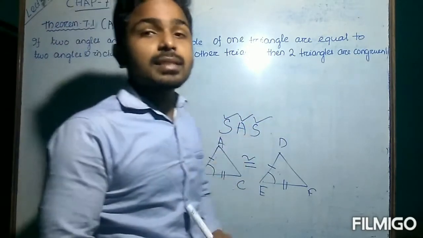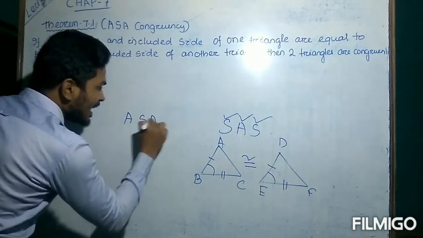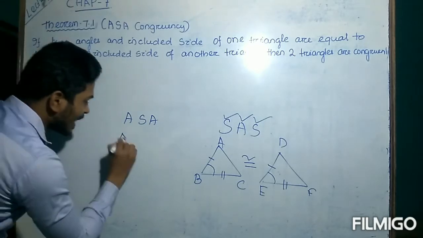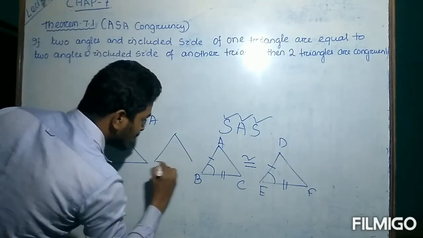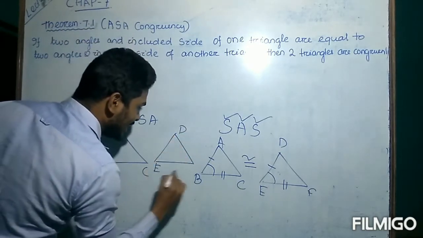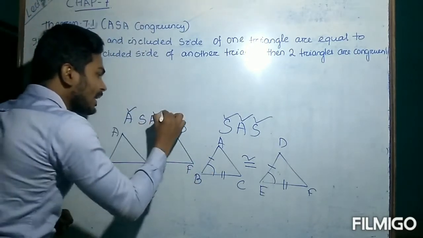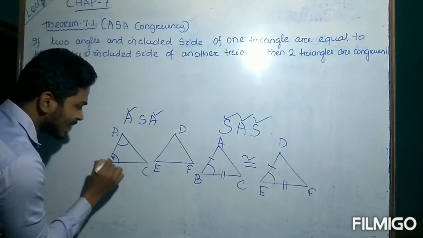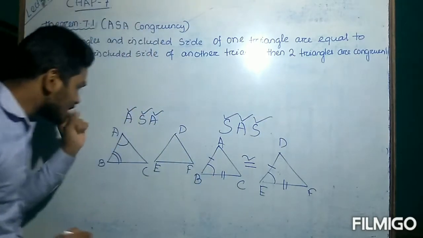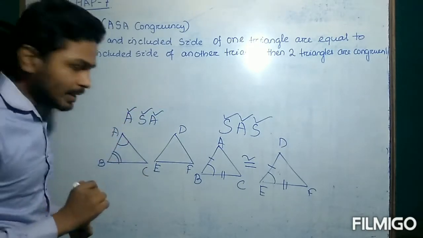Now in this lecture we will discuss the second condition of congruency, known as ASA congruency. What does ASA congruency mean? Let's see. Suppose there are two triangles like ABC and DEF, and in these two triangles we take any two angles, suppose this angle and this angle, and the included side, meaning the side which lies between the two angles.